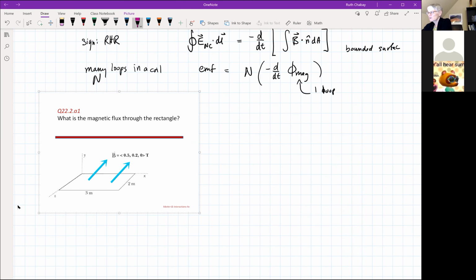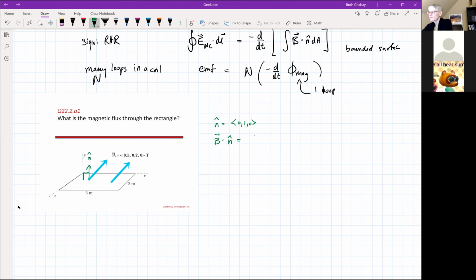Okay, so some of you should actually have an answer by now. Remember that to do this, we need to have an n hat. So that's a vector normal to the surface. So that's going to be in the plus y direction here. So in this situation, n hat is going to be 0, 1, 0. So B dot n hat. Okay, so let's remember how we evaluated dot product.